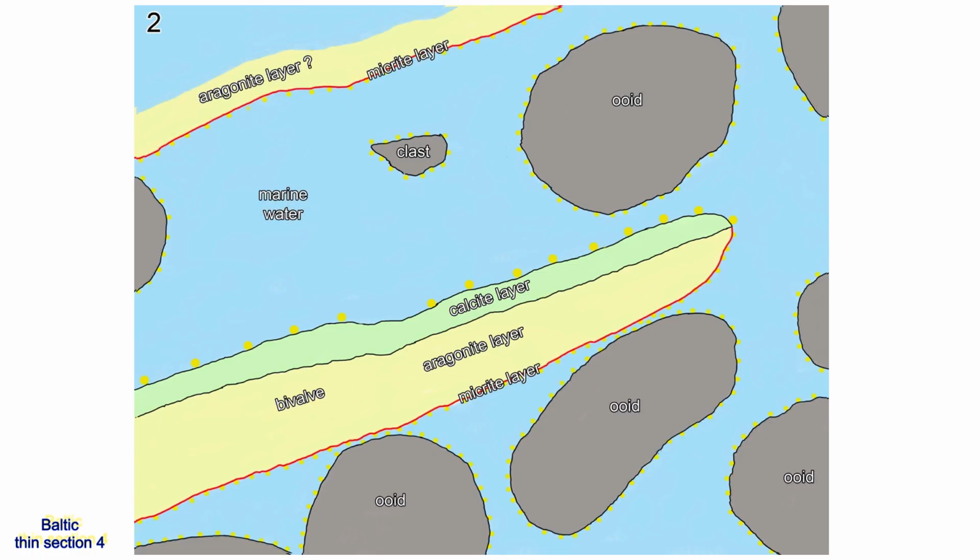Precipitation of cement A's first increment occurred on all pore walls. Larger crystals grew on the bivalve's calcite crystals, and smaller crystals on micrite forming the pore walls, shown figuratively here by yellow dots.